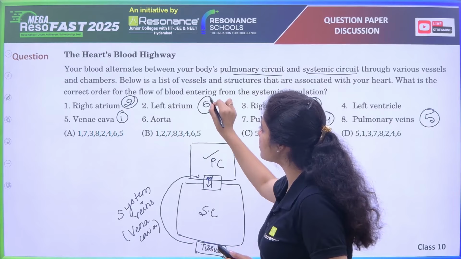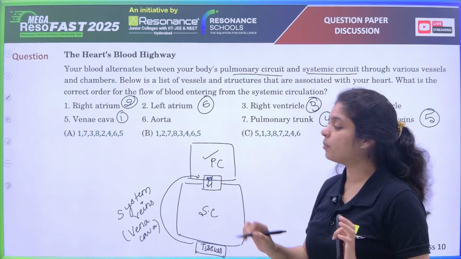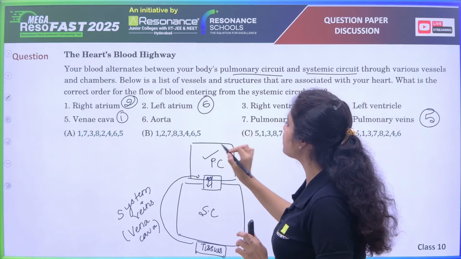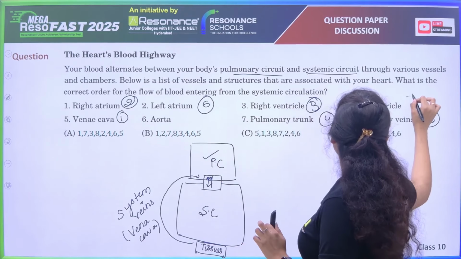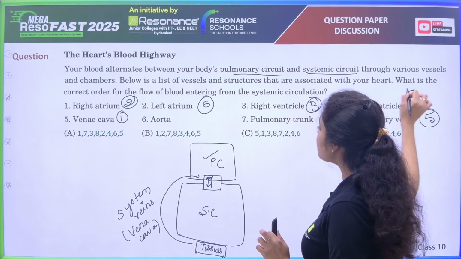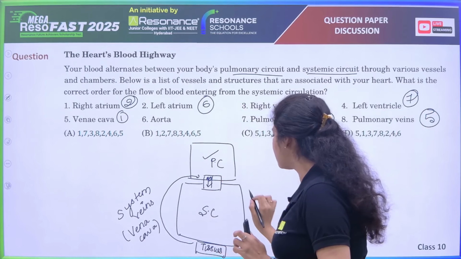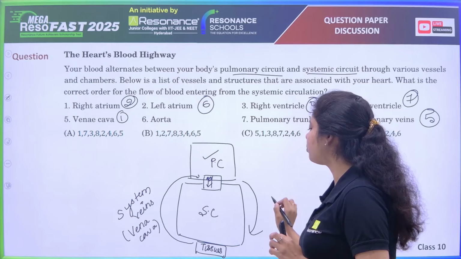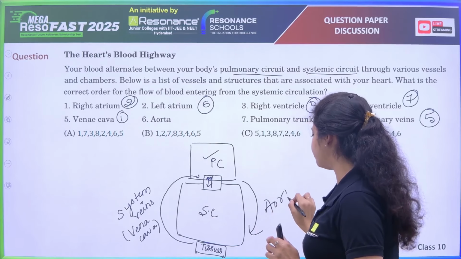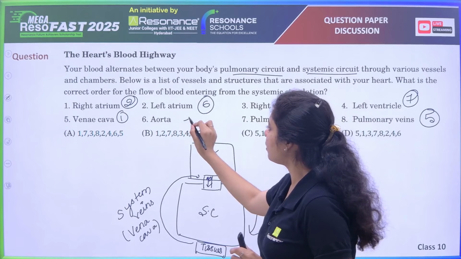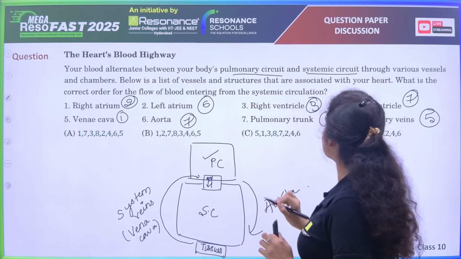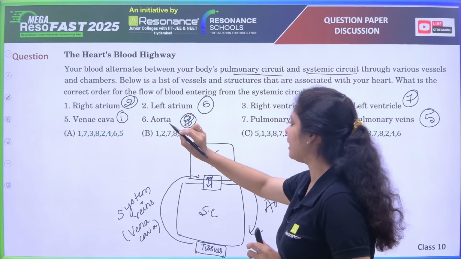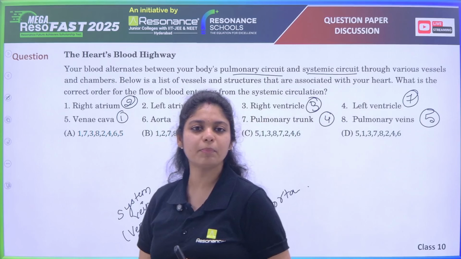This will be number 6, left atrium. After the left atrium it enters into the left ventricle. After the left ventricle it is distributed to the different parts of the body with the help of aorta. This would be number 8. So it is moving with the help of aorta.